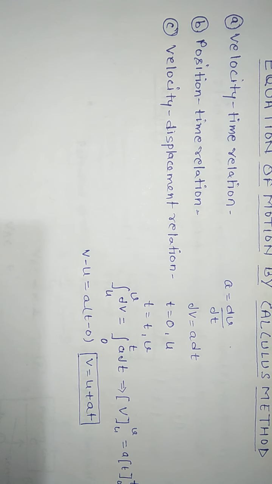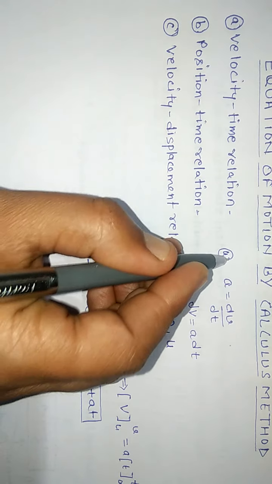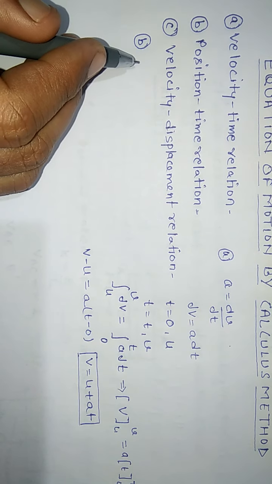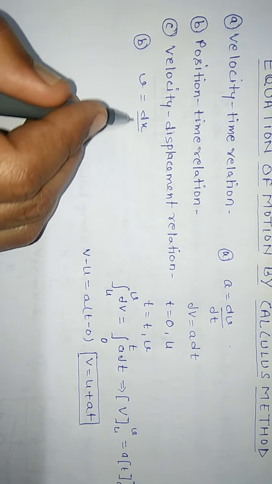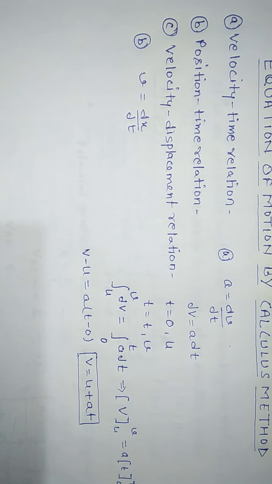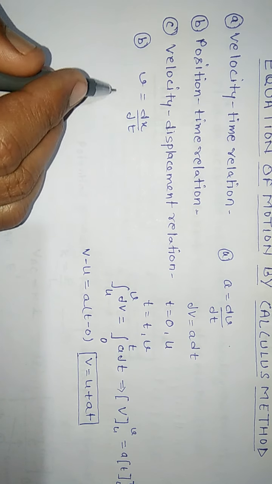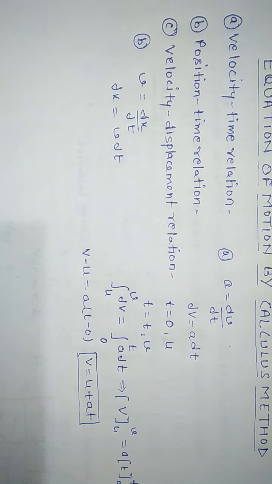Now coming to the second, which is position time relation. For this, the instantaneous velocity is given by v is equals to dx upon dt, means change in position with respect to time, or it can be written as dx is equals to v dt.